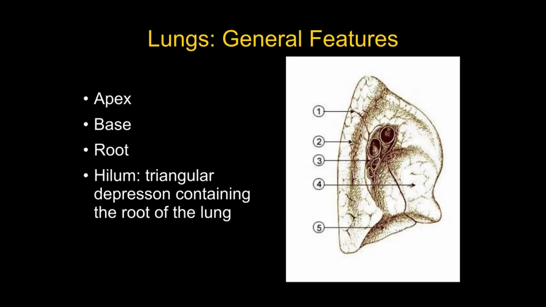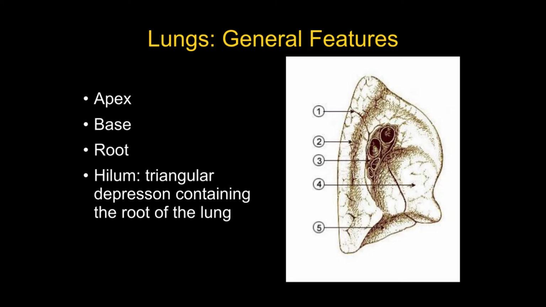When you look at the lung, it's a pyramidal shaped structure with an apex pointed up in the air near your clavicles, and a base which rests above the diaphragm. The root of the lung is its connection to the structures inside the mediastinum.